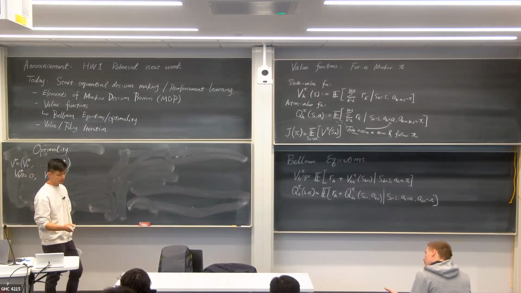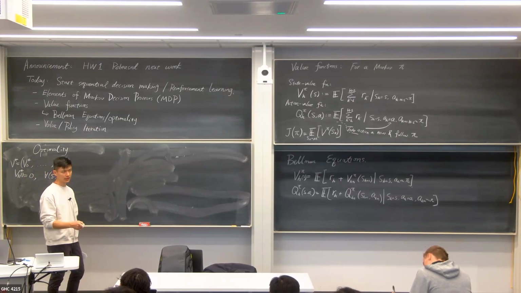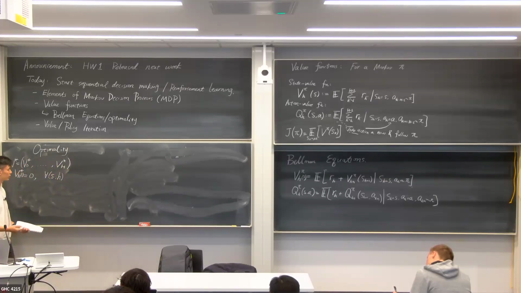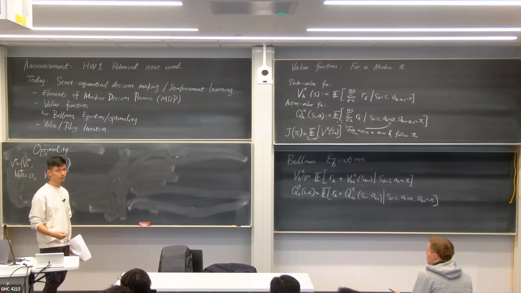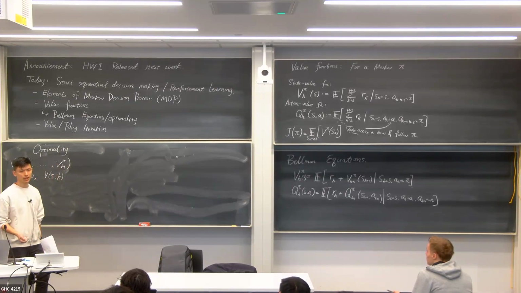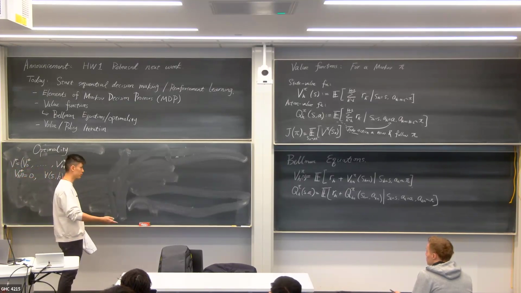So you roll back a little bit to time step h minus 1. You still have one step to play. What do you do? Well, it's obvious: tomorrow there's nothing else, so let's just be maximally myopic and greedy. You pick the one that maximizes today's reward. But then you can start backing out to time step h minus 2.